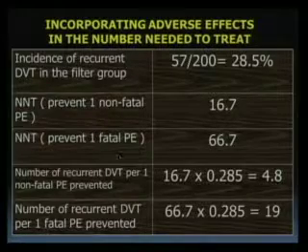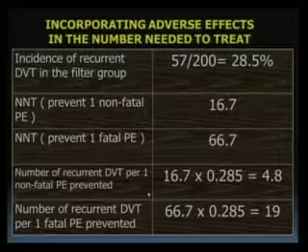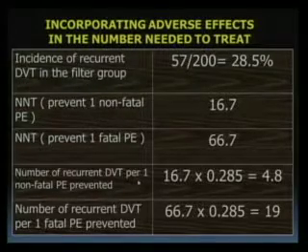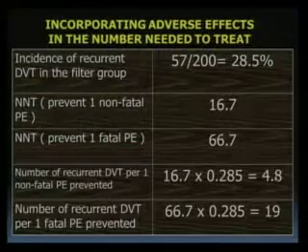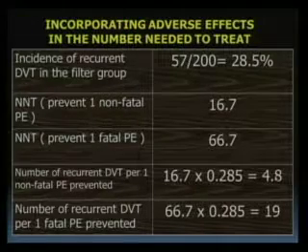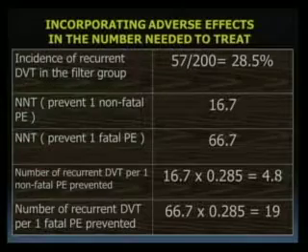If you incorporate NNT and incidence of recurrent DVT, the number of recurrent DVT you incur per one non-fatal PE prevented, just multiply the two, 4.8. So I am preventing one non-fatal PE, but in the process, I am causing DVT in 5 patients. That's the way to look at it.